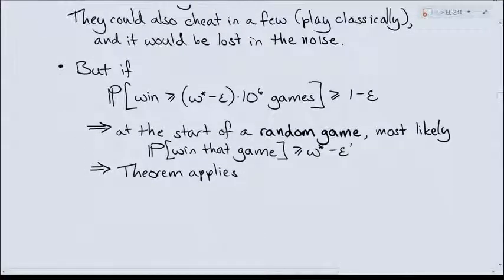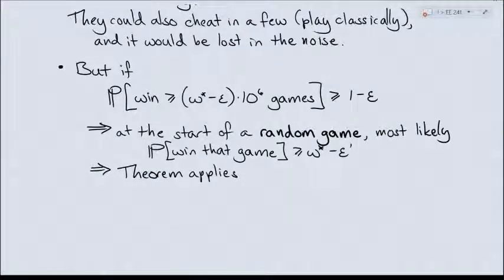So I'm going to call it omega star from now on. That's 85%, or cosine squared pi over 8. If they have a high probability of winning close to the optimal fraction of games, then that means that at the start of a random game in the middle there, when that game began, they had to have had a high probability of winning that one game just by statistics.